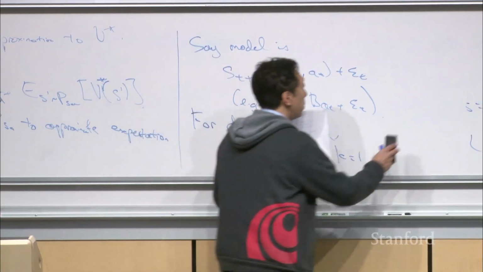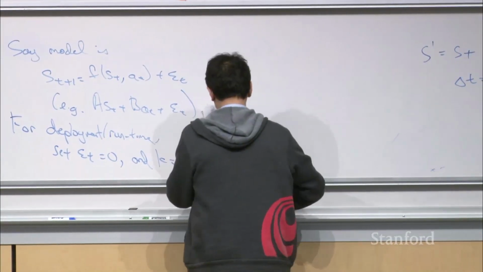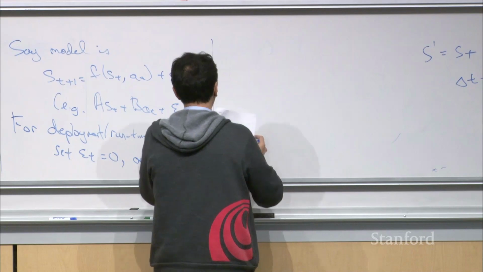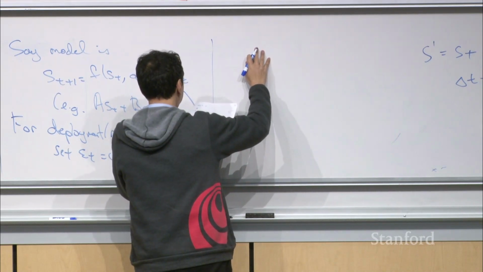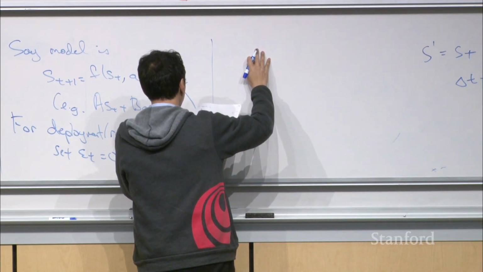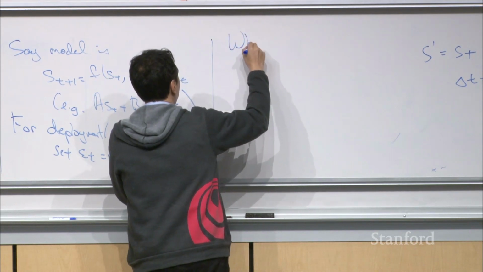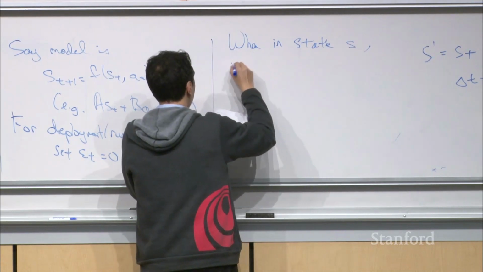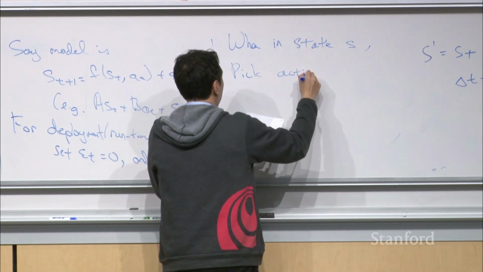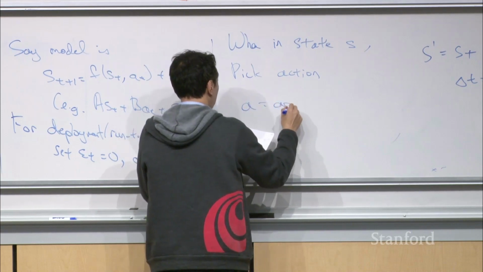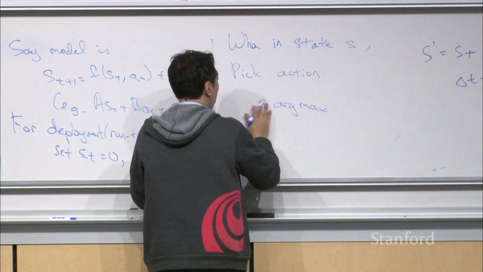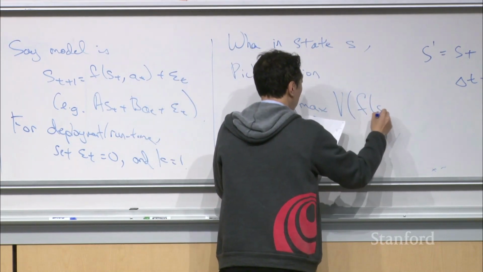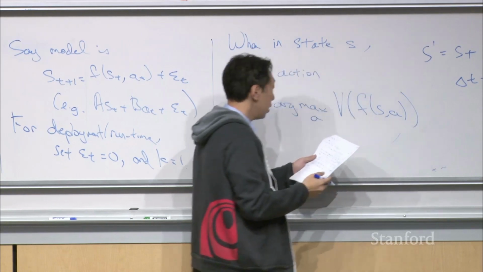And so what you would do is, whenever you're in the state S, pick the action A according to argmax over A of V of S A, right?